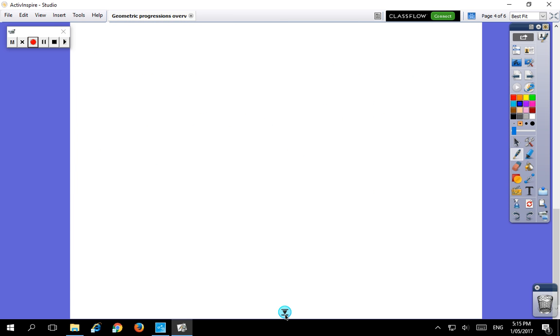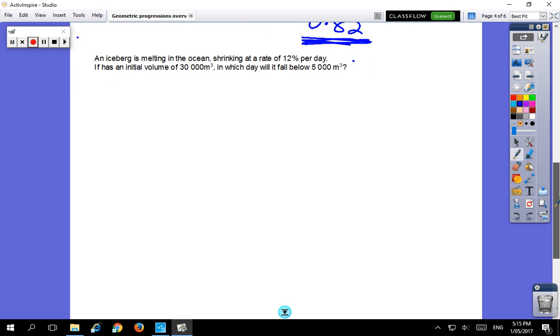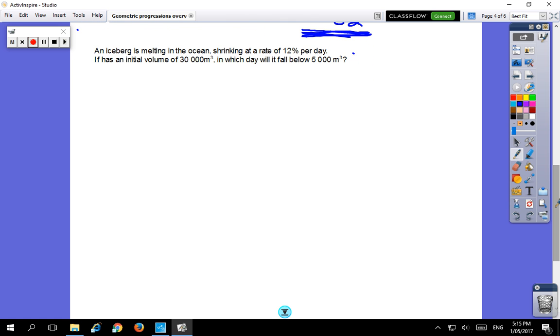Okay, here's an application question. An iceberg is melting in the ocean, shrinking at a rate of 12.5% per day. So what is it? Are we doing compound interest or growth, or are we doing depreciation, decay?